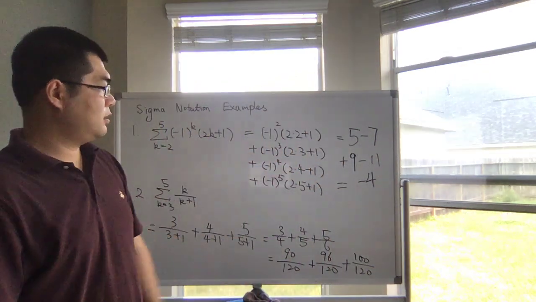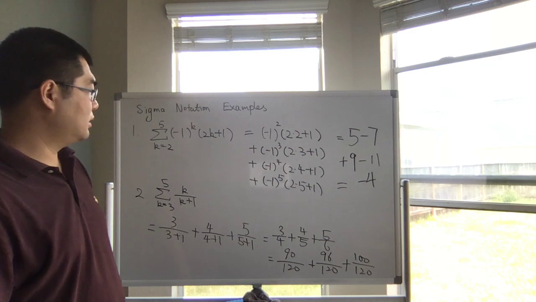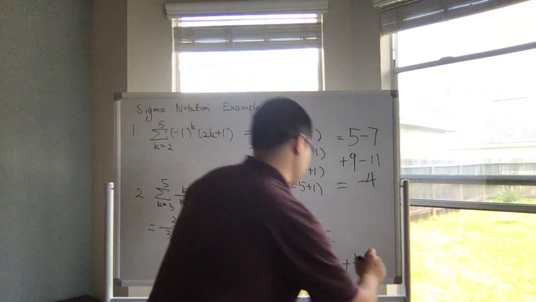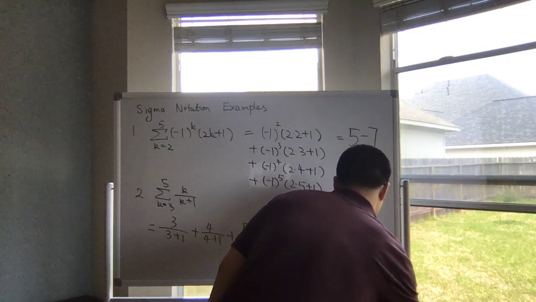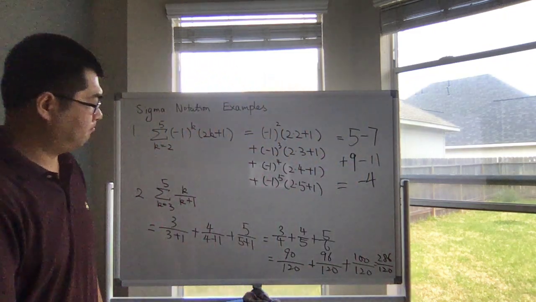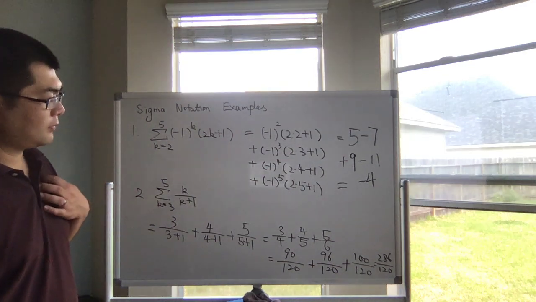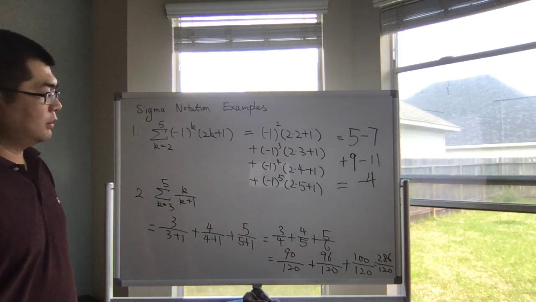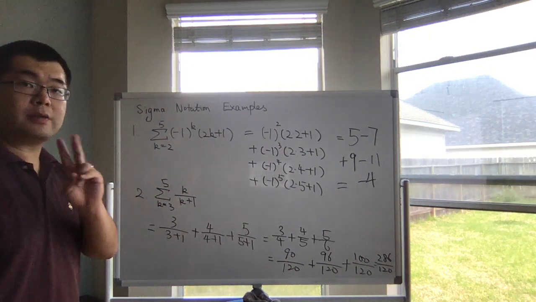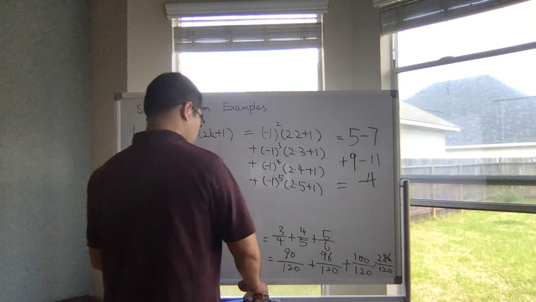Then you can add them together. I believe this is going to be 286 over 120. Of course you can do a little bit of simplification, but up to there it's all good. So those are the first two examples.